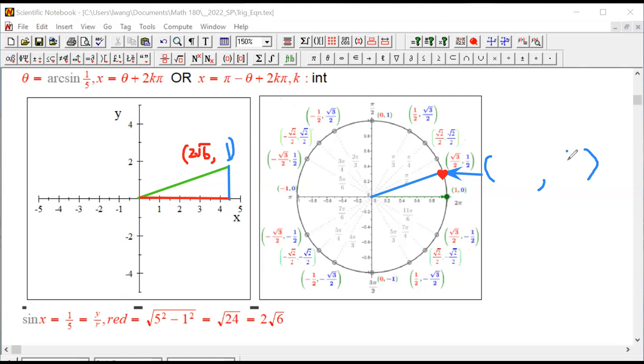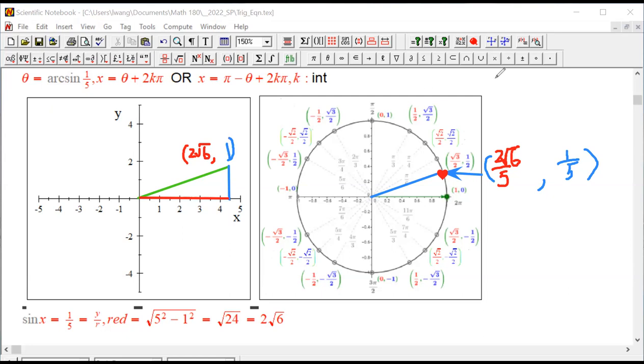The blue number is 1/5, that is 1 divided by 5. And this number, 2 times √6, that's the red number. That's going to be 2 times √6 over 5; we also divided by 5. So that's on the unit circle, and that's not on the unit circle. Do you guys see that?